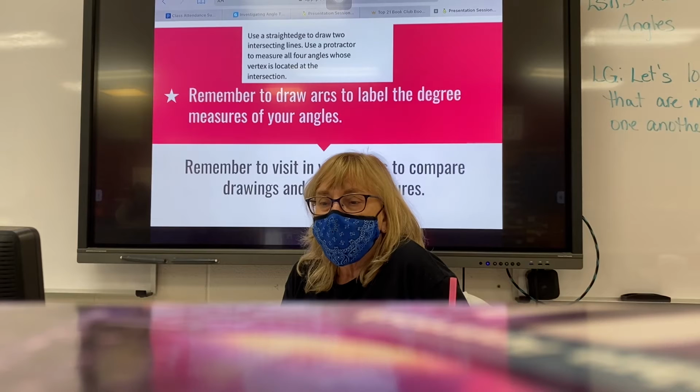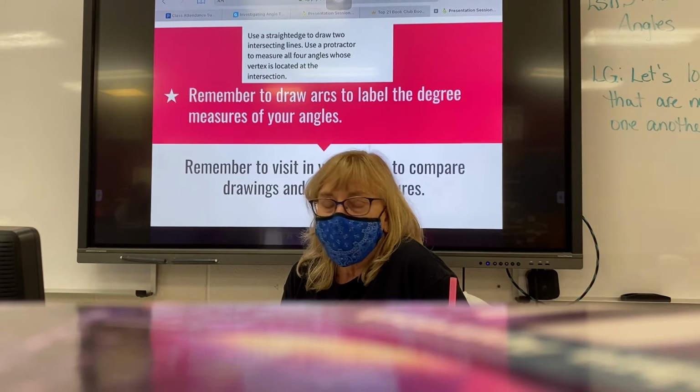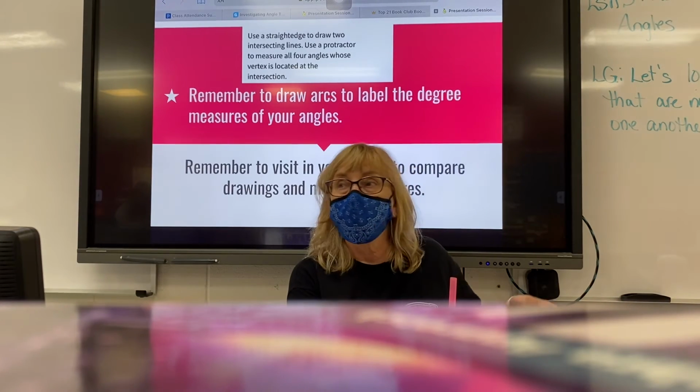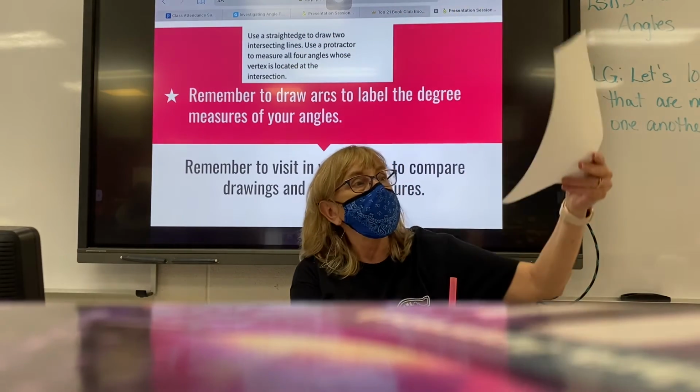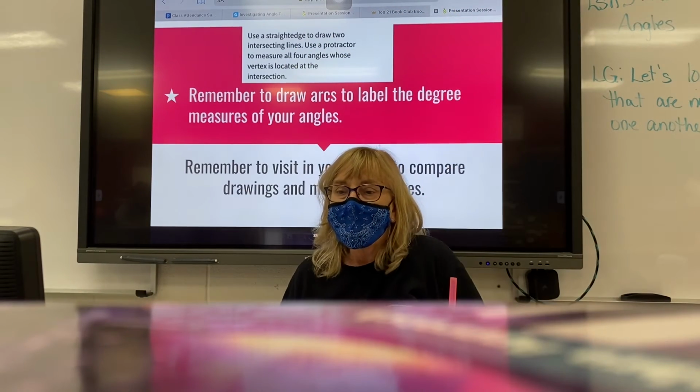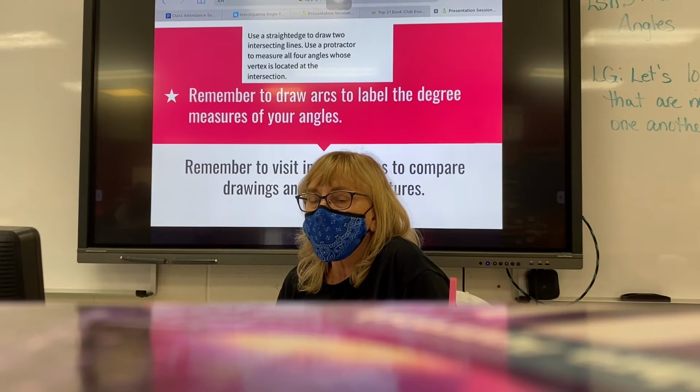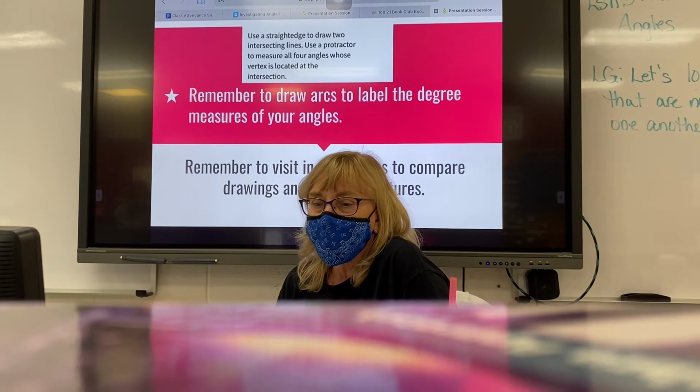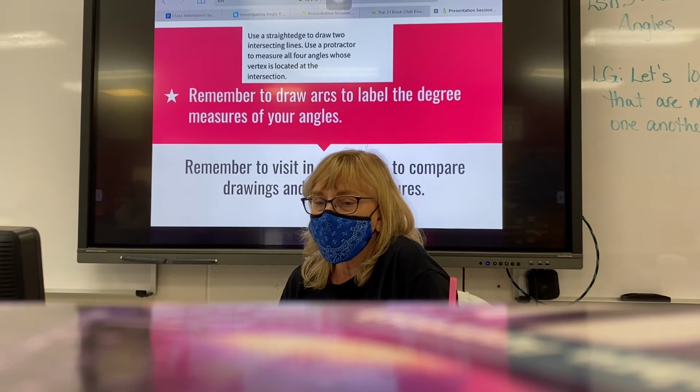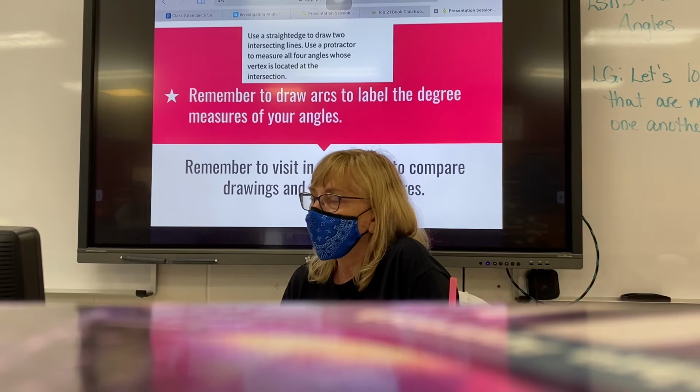Use a straight edge to draw two intersecting lines. You've got paper. You can use the back side of it, or you can draw it right here on the side. Use a protractor to measure all four angles whose vertex is located at the intersection.